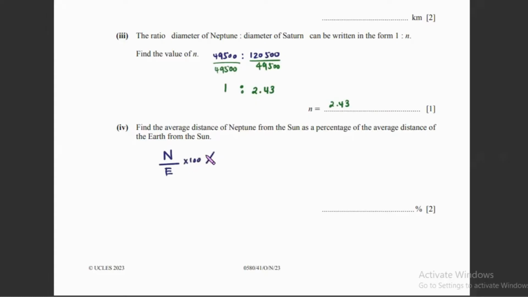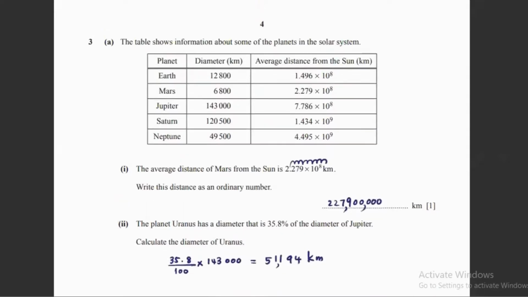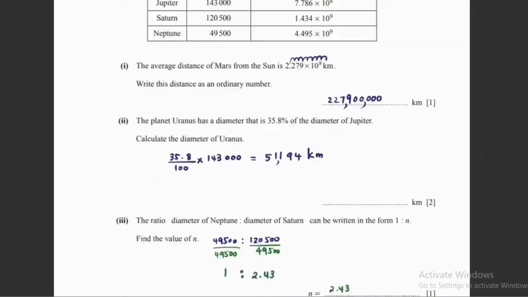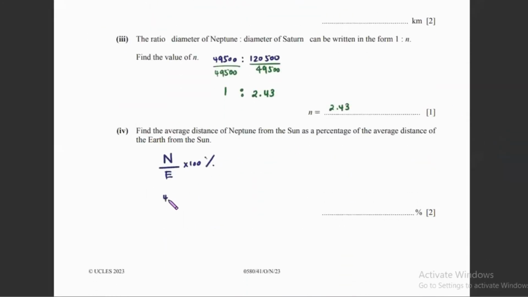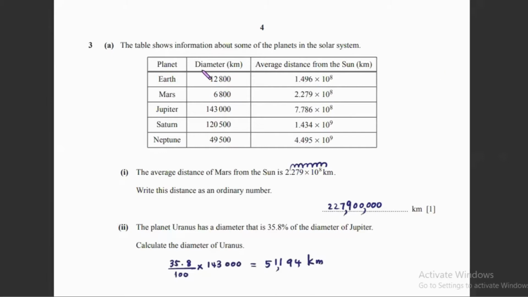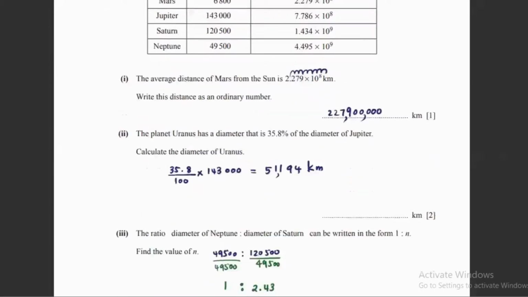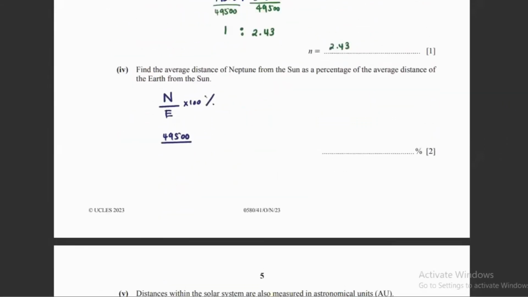So we need to multiply this by 100. So the distance of Neptune from the Sun is given to us as 49,500. So I'm going to put that 49,500 in the numerator. And the distance from the Earth to the Sun, that is actually the diameter that I picked. It should be the average distance that I need to pick.